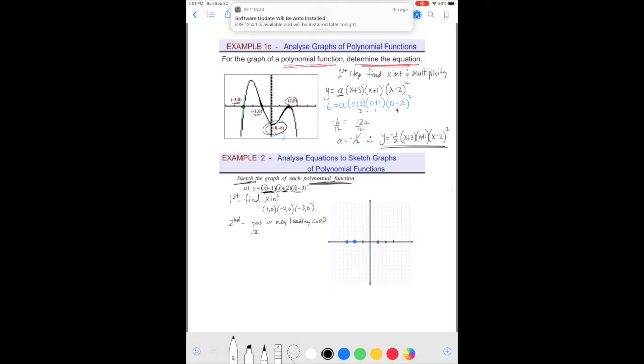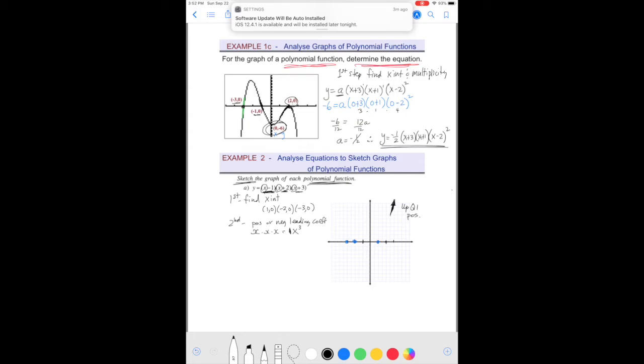So we have x times x times x. Well, that's x cubed, and that's positive. So I know it's up here somewhere, going that direction. So I can sketch that guy in right there. Because remember, quadrant 1, if it's going up, quadrant 1, it's a positive leading coefficient. Okay, so I know that for sure.